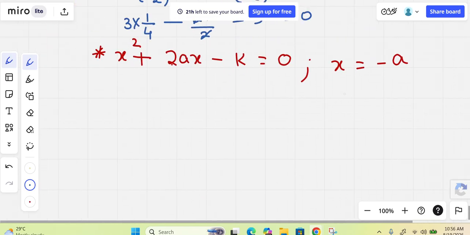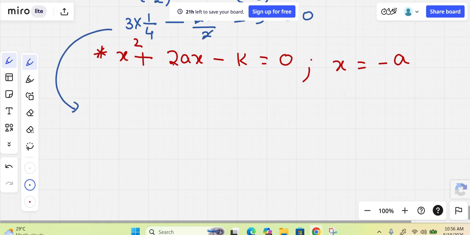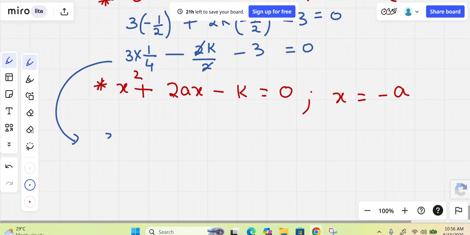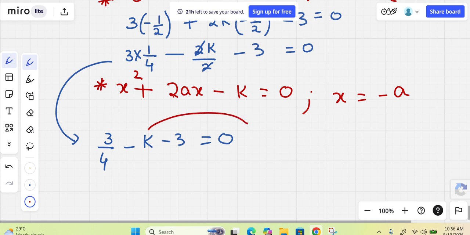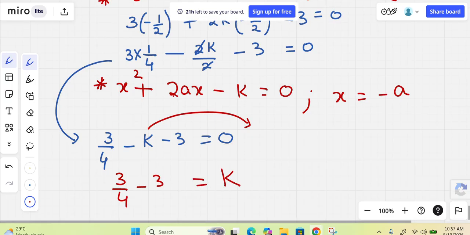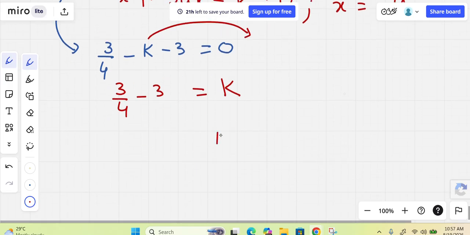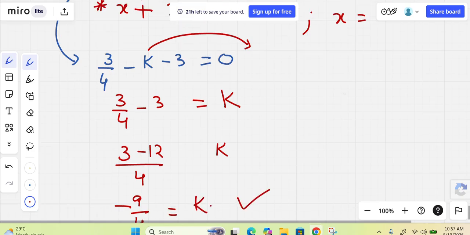The step looks like 3 by 4 minus k minus 3 equal to 0. So it makes sense to move k to this side because k is negative. So 3 by 4 minus 3 equal to positive k. Now k is equal to 3 minus 12 by 4, and it makes it minus 9 by 4. Yes, that is the answer.